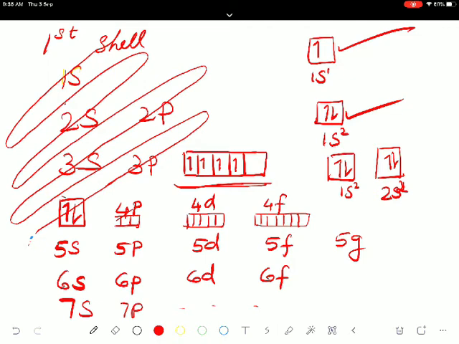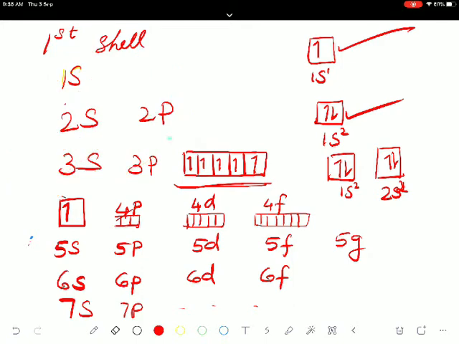That means here there is 1 electron. So I will be cancelling 1 electron from here. Okay. So this is chromium. Then comes manganese. So scandium, titanium, vanadium, chromium, manganese.